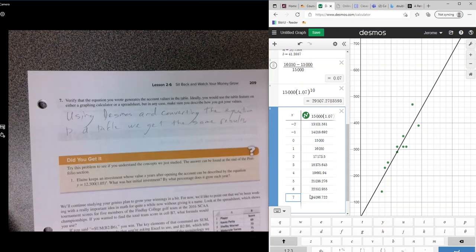Now, as far as graphing this on a spreadsheet, you could read that at your leisure. It's right down here in the middle of page 209.